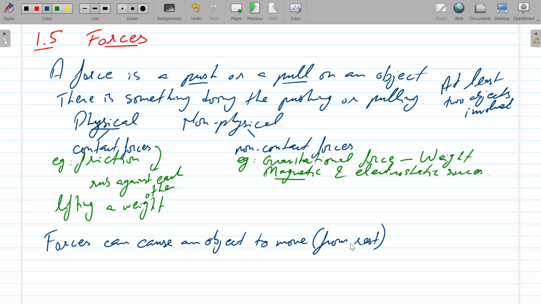Or if the body is already moving, so for a moving body, a force can affect its direction, so it can change its direction.